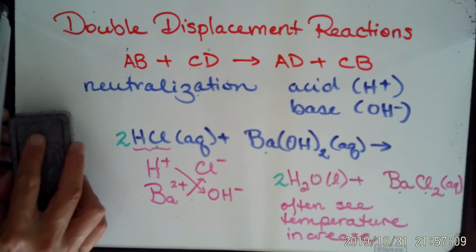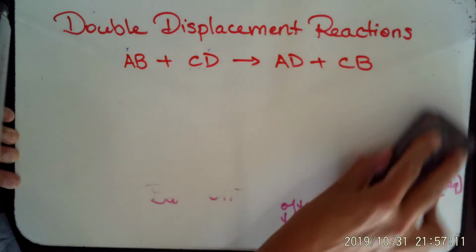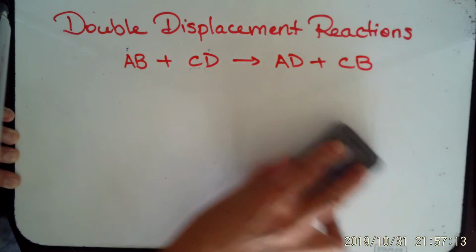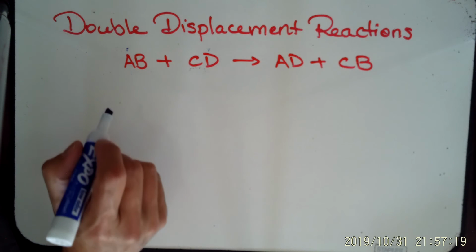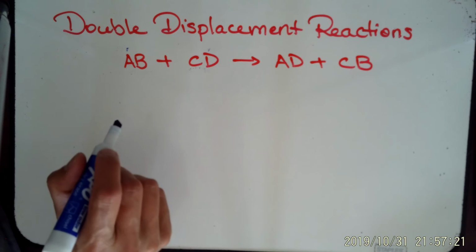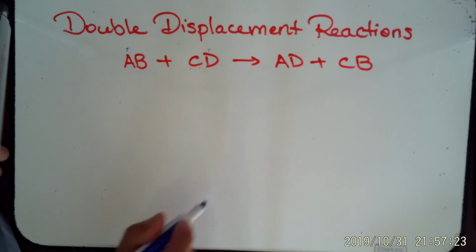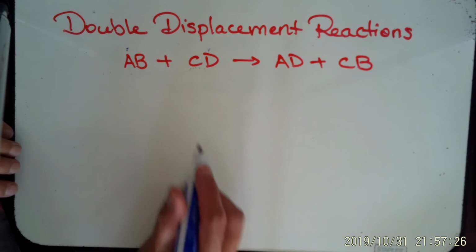Okay, and the last one we're going to see under the double displacement, we're going to be looking at the production of gas bubbles. Okay, so the 3 that you need to know, is it 3? You could do up to 4, but let's go through.